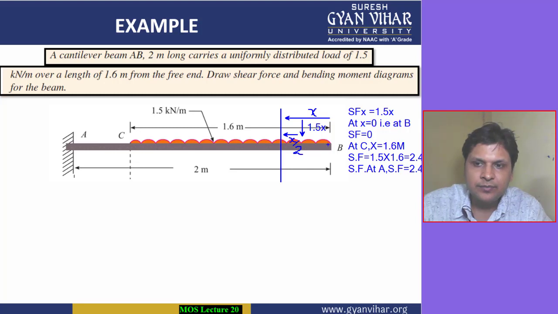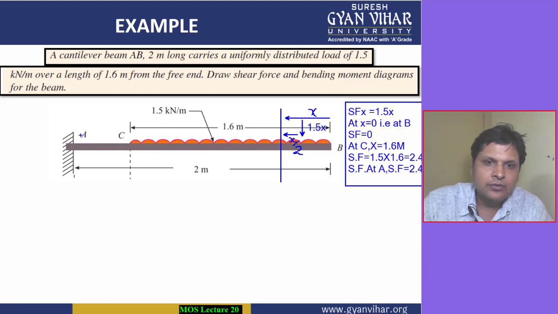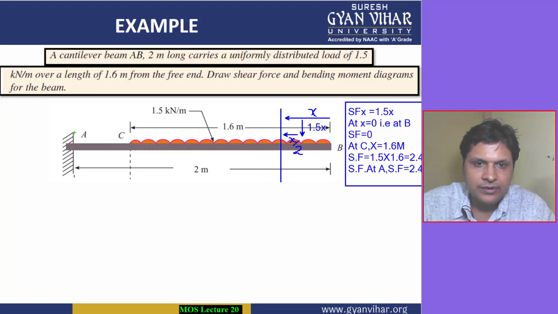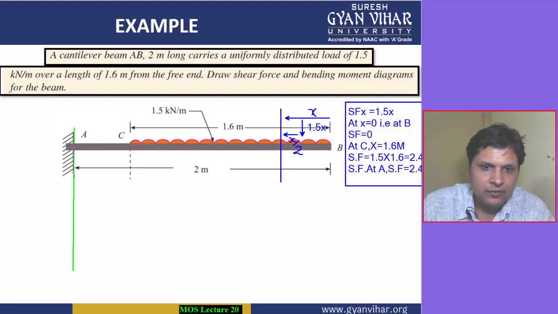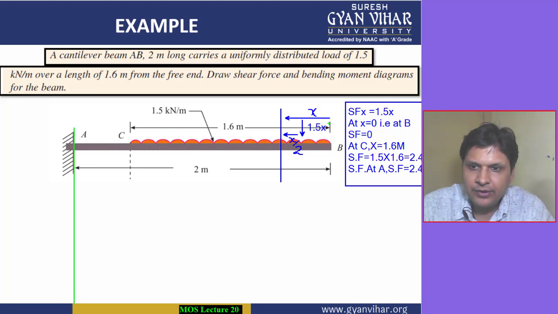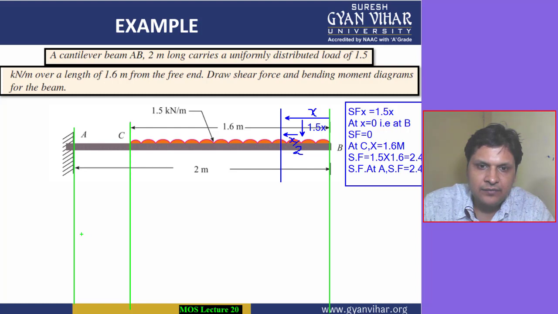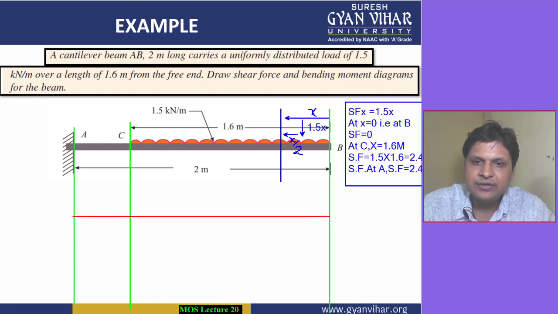Now let's draw in the same manner. This is the data which we have calculated to draw the shear force diagram. So now we will draw the vertical line from each of the points, from A, from B, from this C as well, and then we will draw the baseline for shear force. This is the baseline.